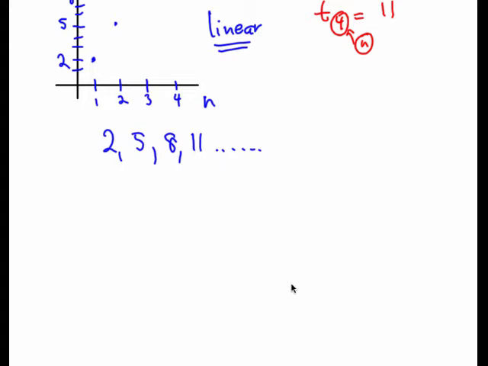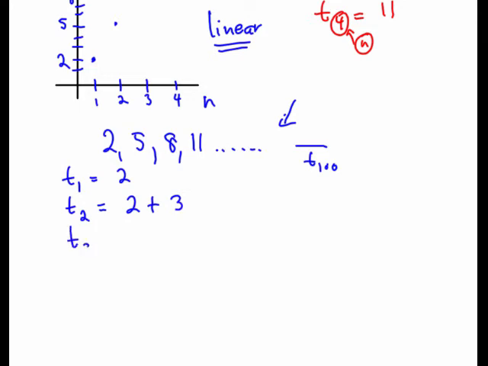Alright, the next thing we're going to look at is determining the value of a particular term. So perhaps we would like to know, if we continue this sequence, what would be the 100th term? Term 100. Alright, so we're going to look at some patterns here. We have term 1 being 2. We have term 2. Now the way we're getting term 2 is we're taking term 1 and adding our common difference of 3.